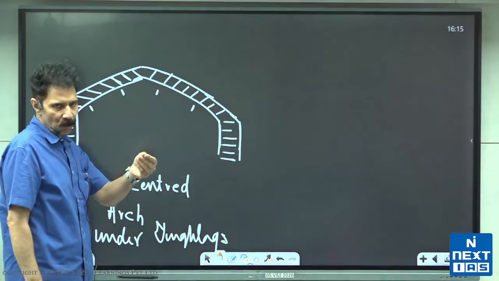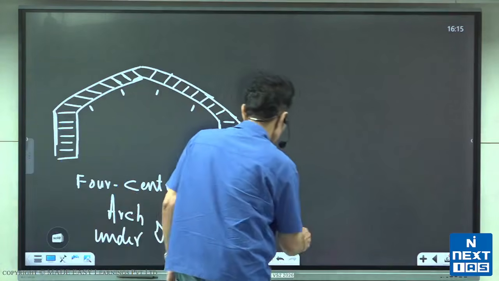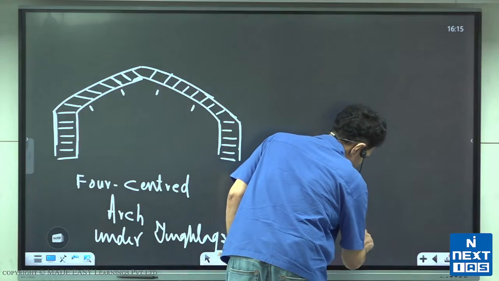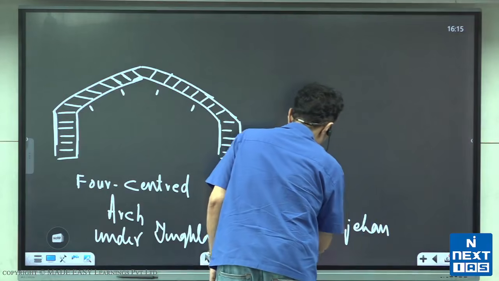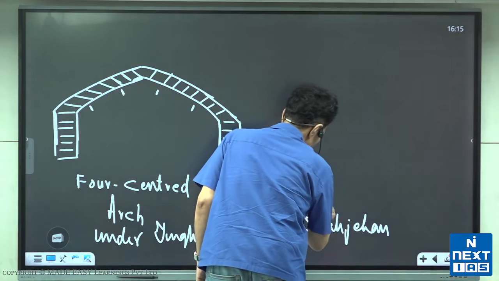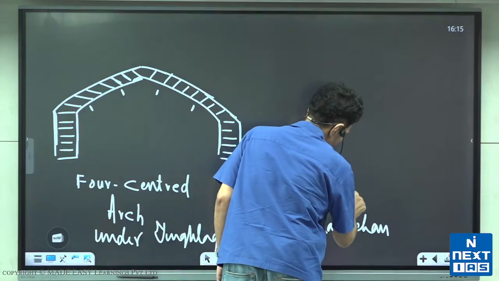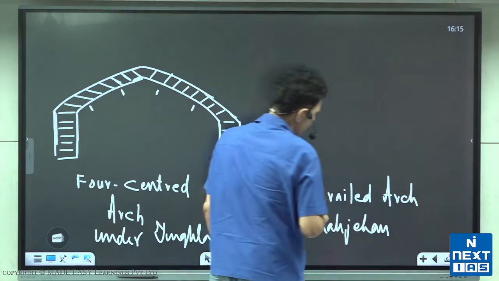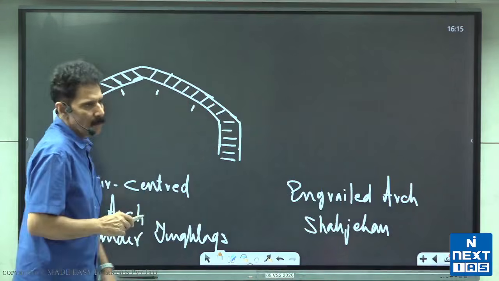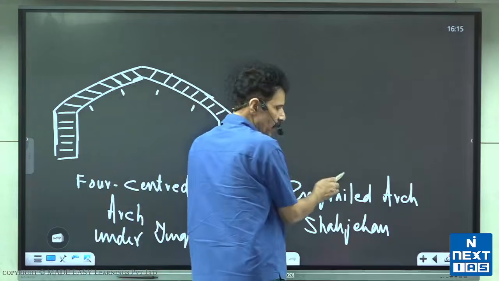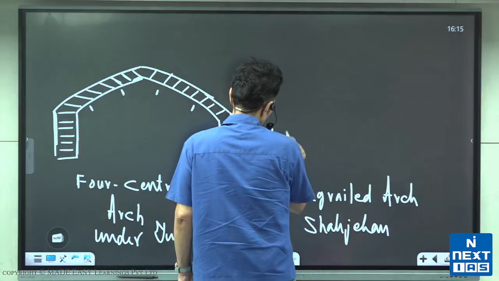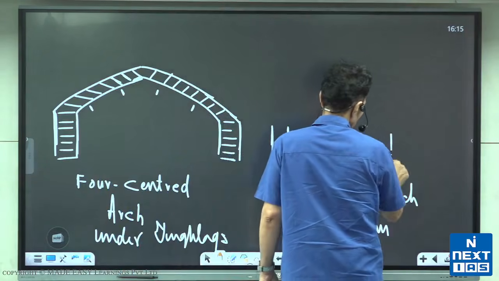But one more development took place under Shah Jahan, that is the engrailed arch. This is also known as the multi-foiled arch or cusp arch. It is like this. You might have seen this kind of arch. Have you seen?